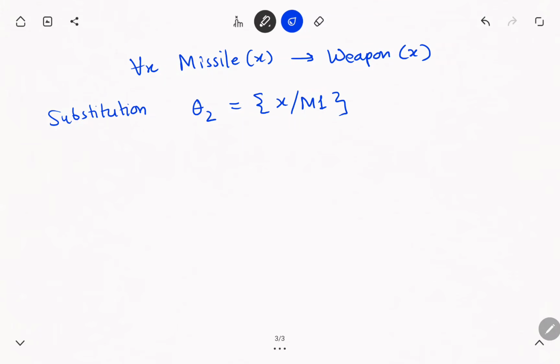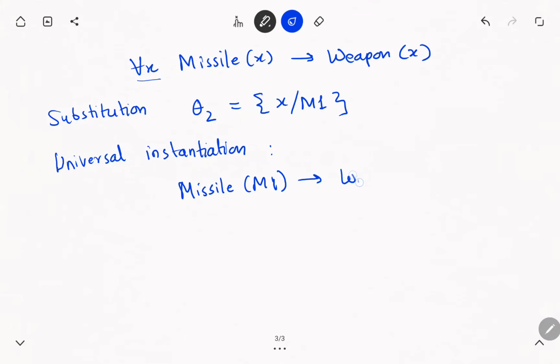So we have performed universal instantiation. This is true for all x, but we are taking one particular value of x, that is m1. So if it's true for all x, it has to be true for m1 as well. So using universal instantiation, we can say that missile m1 implies weapon m1.